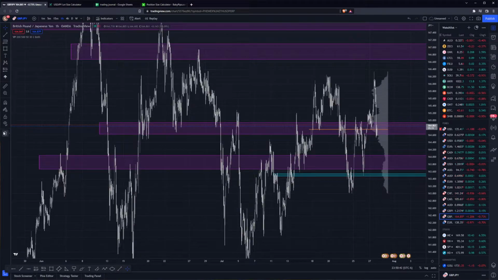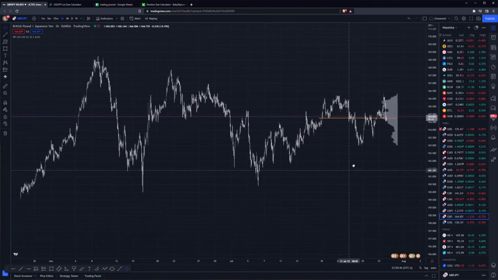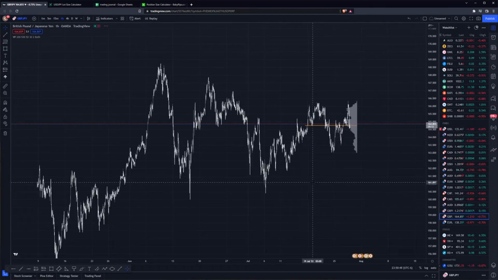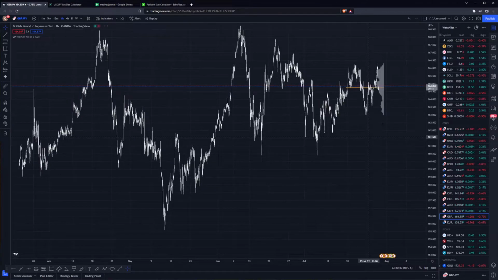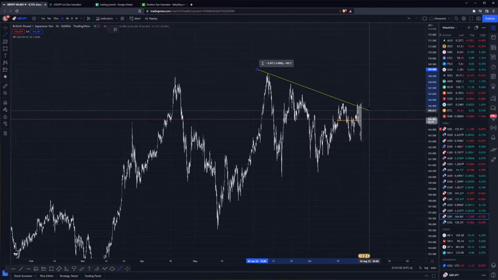So here's another one I'll probably just wipe. These zones just don't make any sense anymore. So this is a pretty obvious triangle. I mean, I don't draw with trends a lot, but yeah, I think this is a pretty obvious triangle.